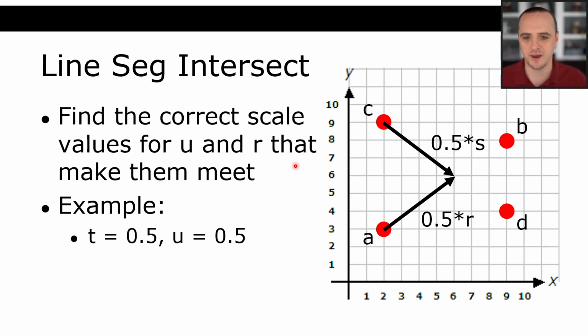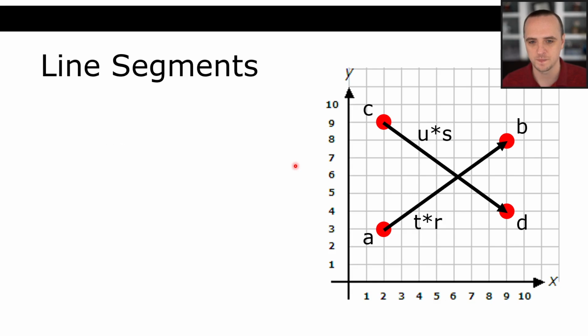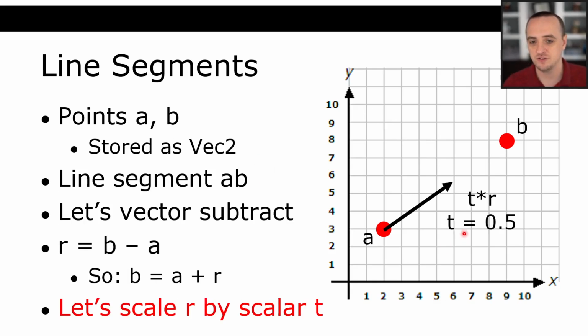Well, if we look back here at our example, if T is between 0 and 1, then this point lies between A and B. If T is greater than 1, then the point lies outside here.